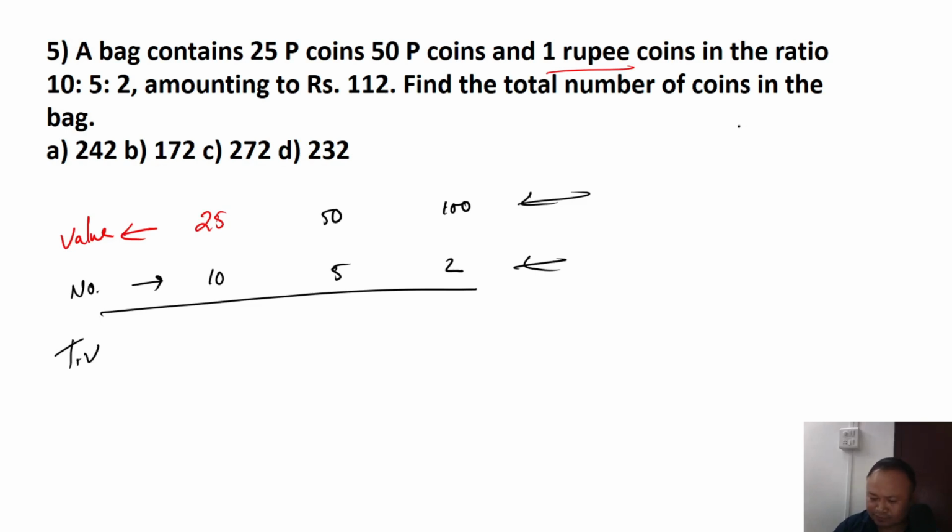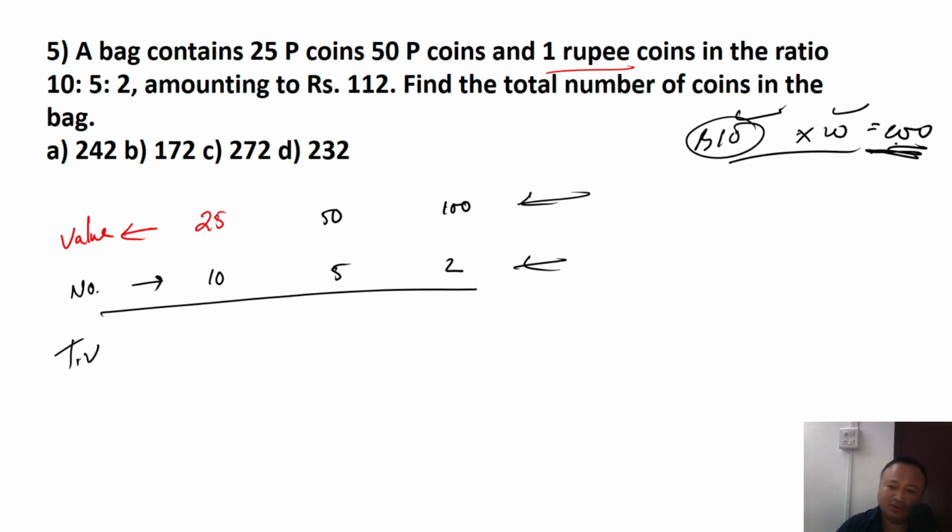If you have 10 rupees notes, how do you know the total value? Multiply the value with the number of notes and that will give you the total value. So 25 into 10, 50 into 5, 100 into 2.